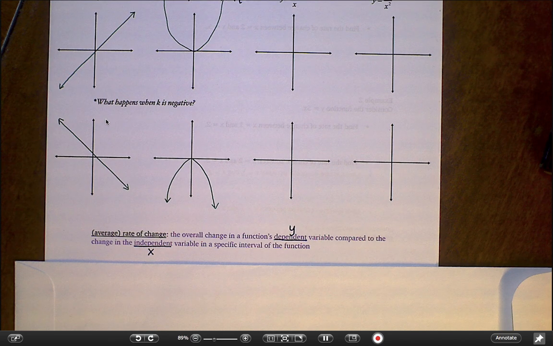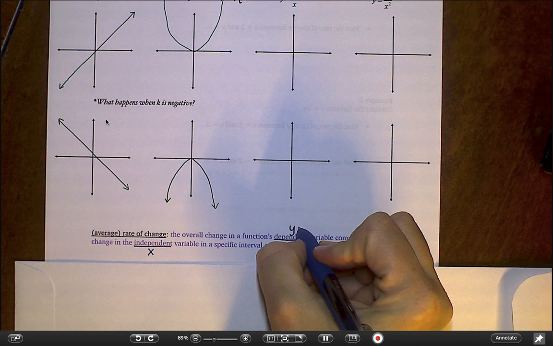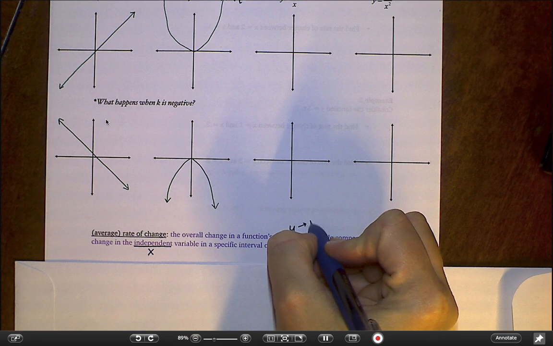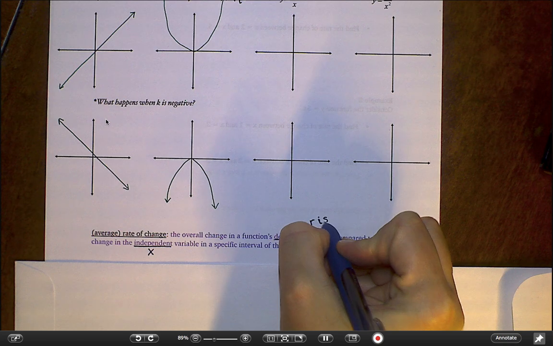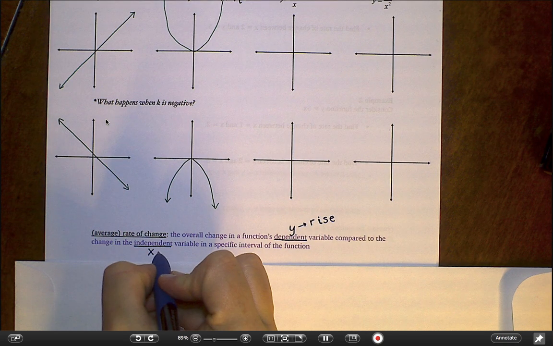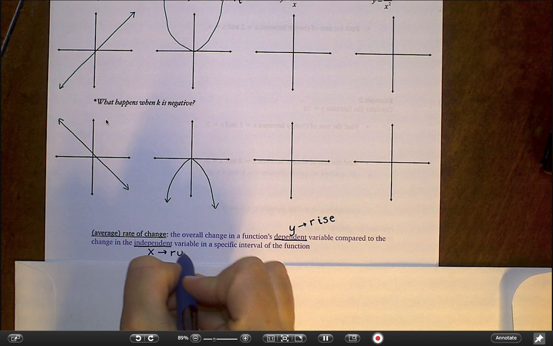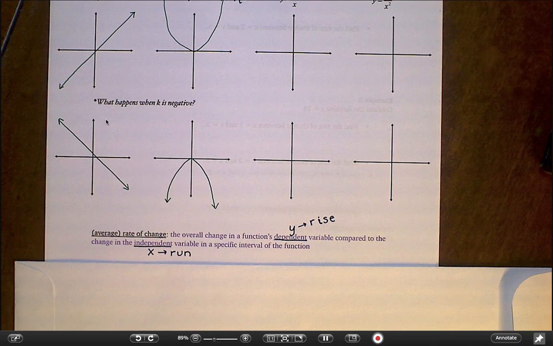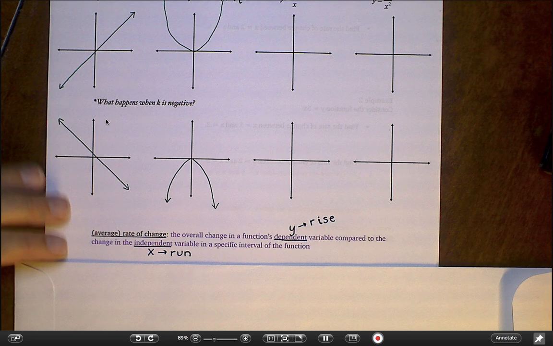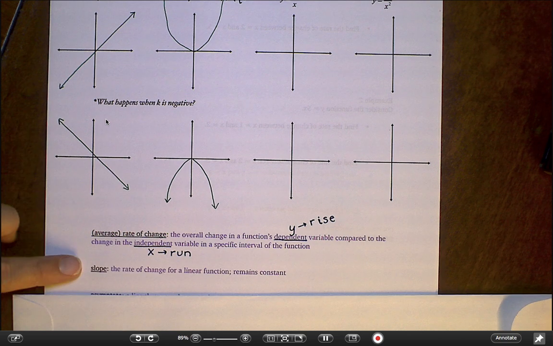If I made it even simpler, change in y could be referred to as rise, and change in x could be referred to as run. So what I'm really talking about here is rise over run. That should sound familiar to you. You've talked about this before. And in fact, that should sound an awful lot like slope, which is the word that's coming up next here.